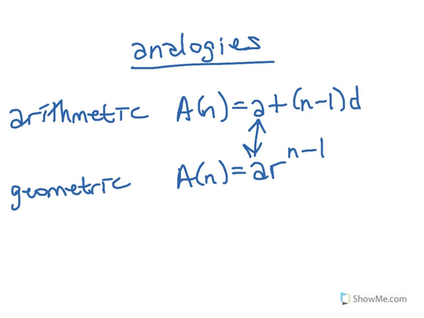Both are repeated using the operation in question. Clearly, addition is to arithmetic sequences as multiplication is to geometric sequences. And clearly, multiplication is to arithmetic sequences, in the case of this addition term, as exponentiation is for geometric sequences. That makes sense. Multiplication is repeated addition, while exponents represent repeated multiplications.